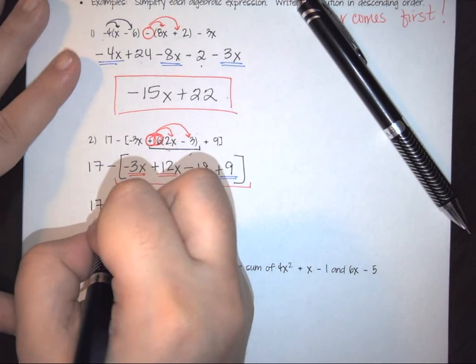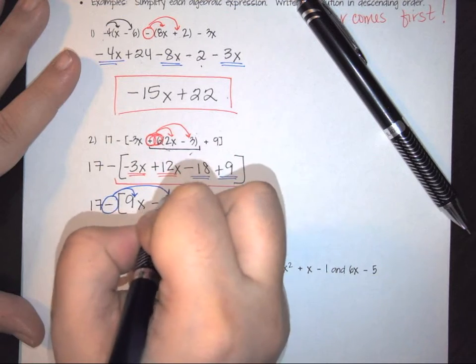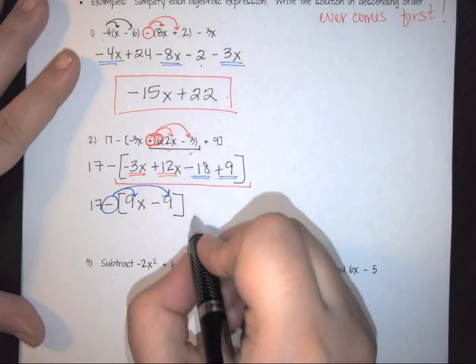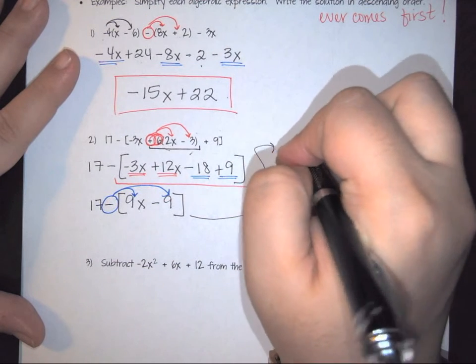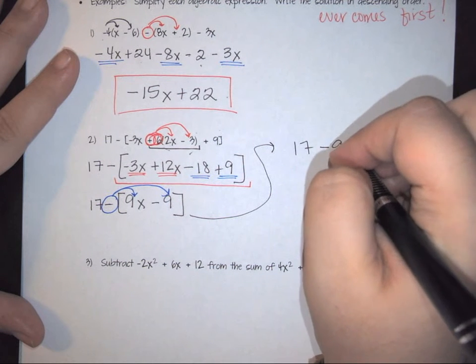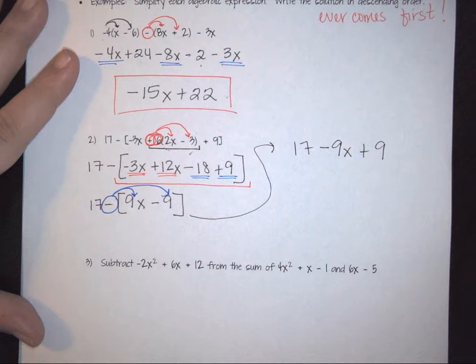Now I have to take this negative sign on the outside and distribute it through. So this is going to become, let's take it up over here, I'm going to have 17 minus my 9x, and then plus my 9.